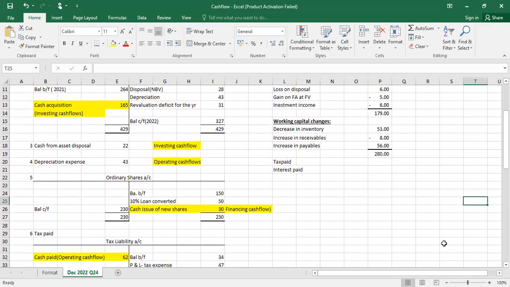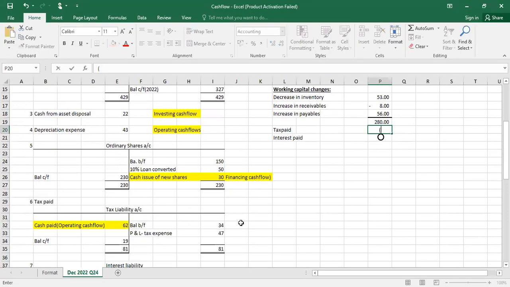Taxation paid, and then followed by interest paid. So the taxation paid, we had computed how much. There was a working for it. Remember, it's this working number 6. Being a payment, that should be a minus. So I'll say that equal to minus this 62.